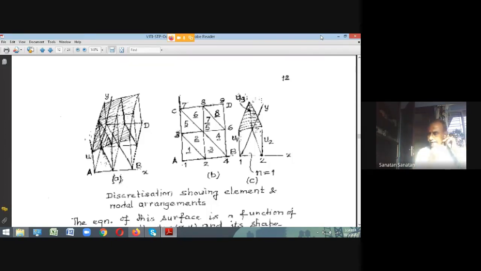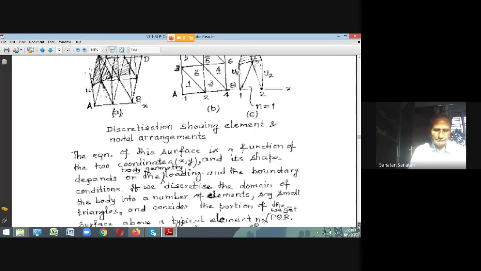And if it is a plane triangular tile, it's the equation of a plane in xy coordinates. I can write that u is the vertical coordinate. u can be written as u equal to alpha 1 constant plus alpha 2 x plus alpha 3 y. So this is the general expression we can write in terms of the 3 corner node displacements.